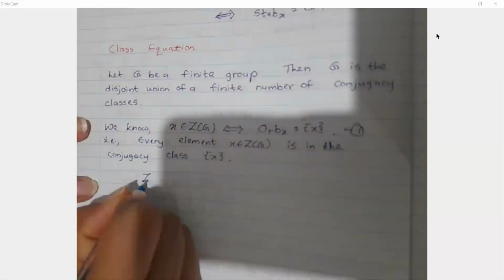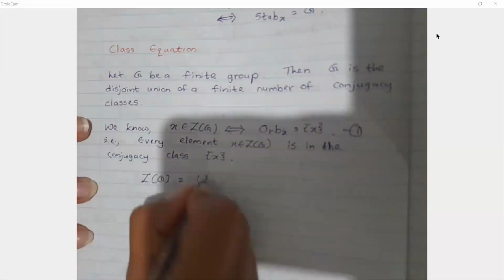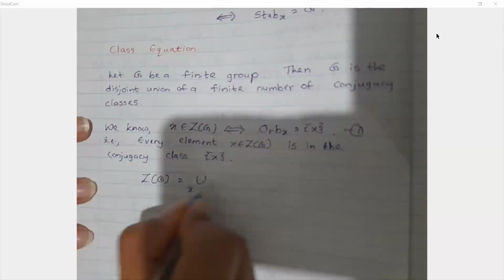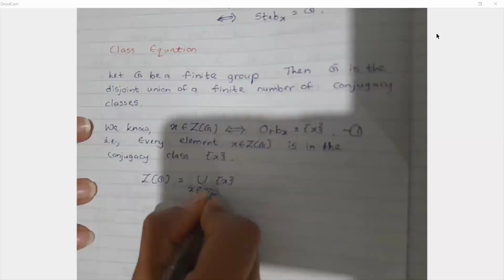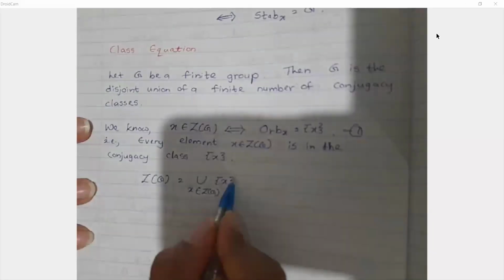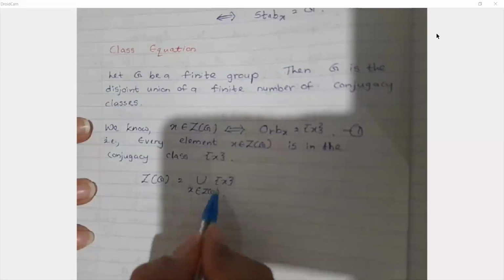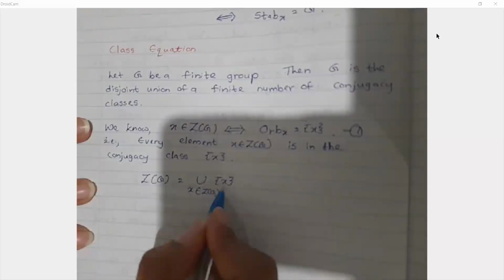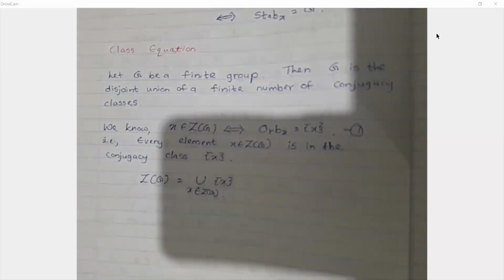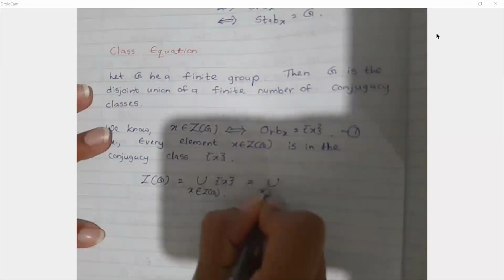So we can see that the center of G is actually partitioned into the conjugacy classes of singletons, right? If you look at it, we can always write the center of G as the union of these singleton sets where this X comes from Z of G, right? And we know that this singleton set is the orbit of X. So we see that you can write it as the union.